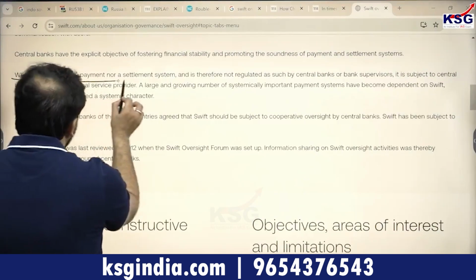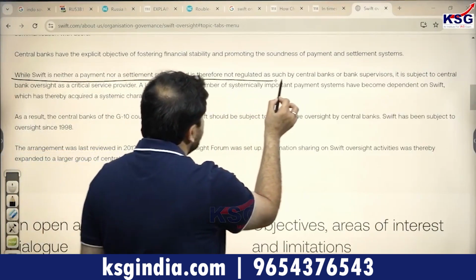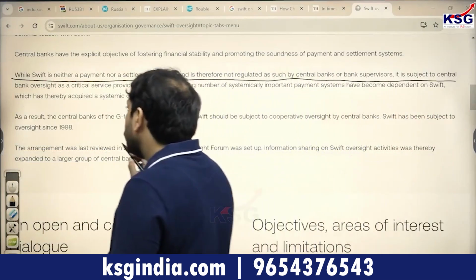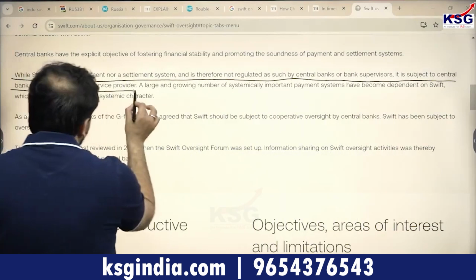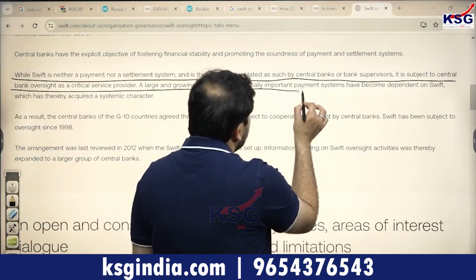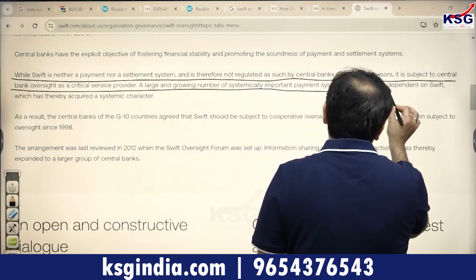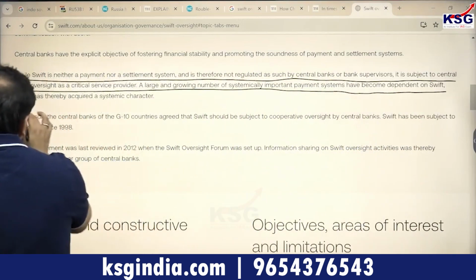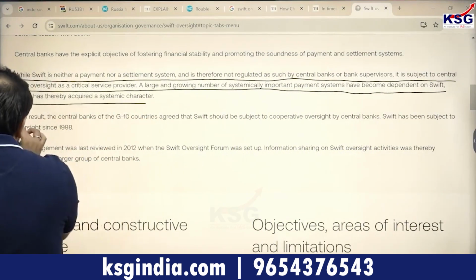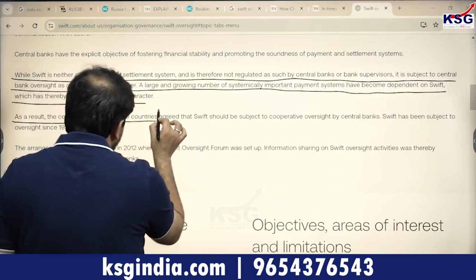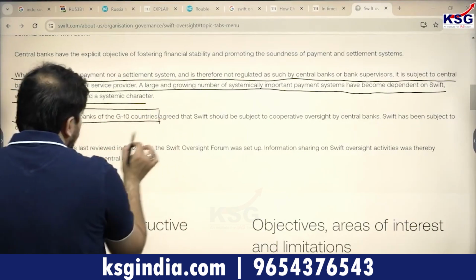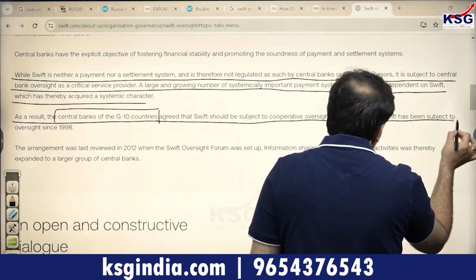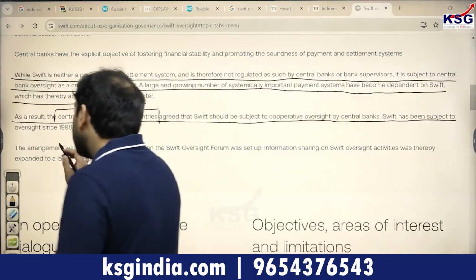While SWIFT is neither a payment nor a settlement system and is therefore not regulated as such by central banks or bank supervisors, it is subject to central bank oversight as a critical service provider. A large and growing number of systemically important payment systems have become dependent upon SWIFT, which has thereby acquired a systemic character. As a result, the central banks of G10 countries agreed that SWIFT should be subject to cooperative oversight by the central banks. SWIFT has been subject to oversight since 1998.